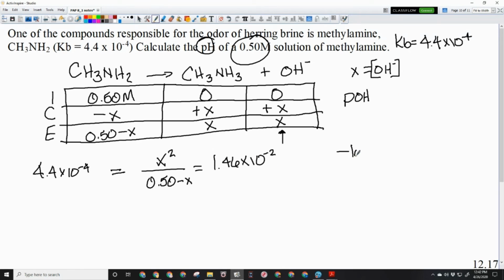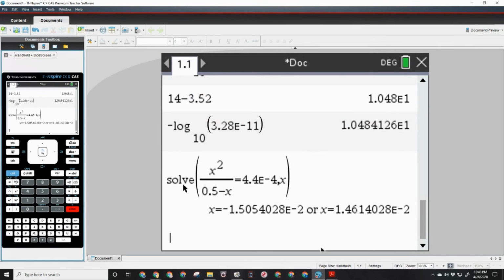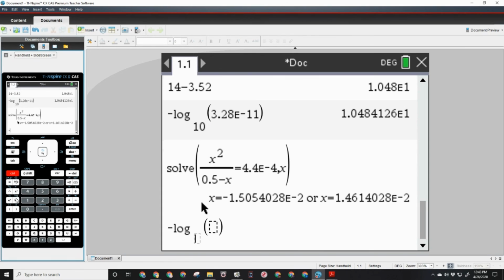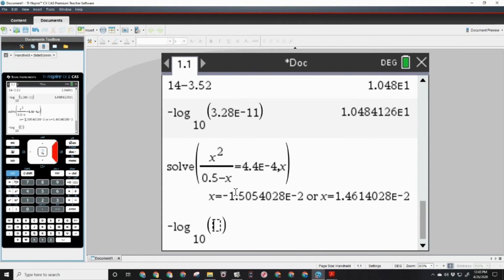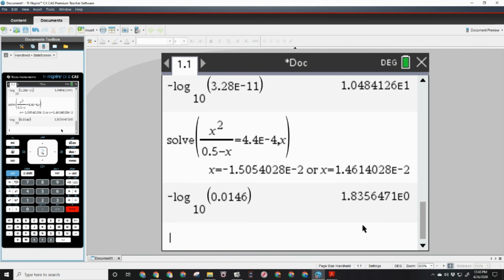So if we take the negative log of this OH concentration, that's going to give us pOH. So that's going to be equal to negative log of 1.46 times 10 to the negative 2. Okay, 1.84.